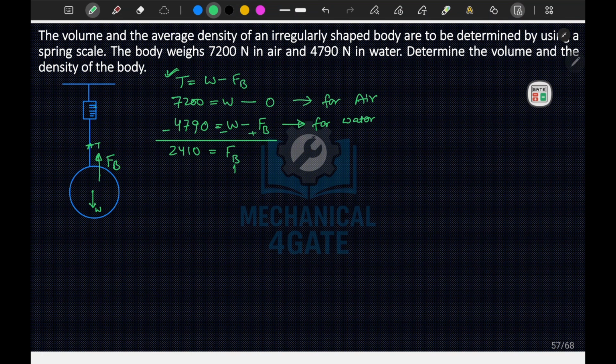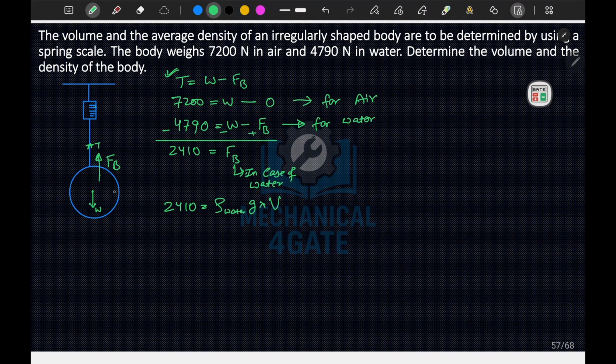Now this buoyant force is in case of water. So 2410 is equal to rho of water into g into volume, or volume of fluid displaced.